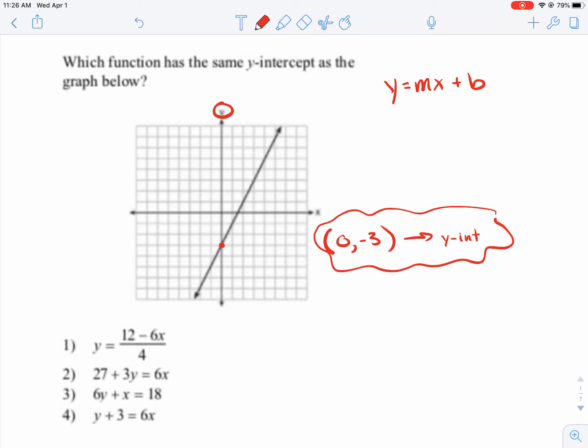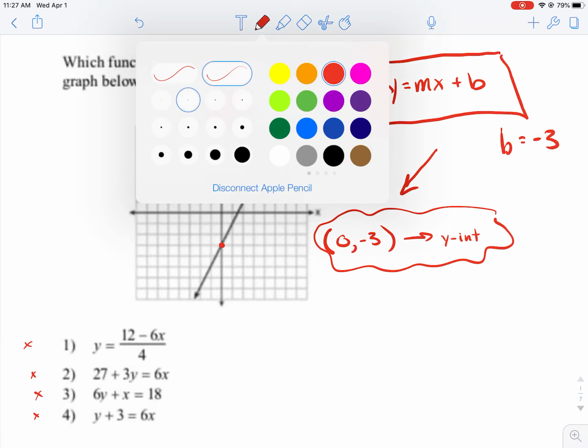we were just talking about this form in the last problem, y equals mx plus b. So our goal in this problem is to take all 4 of these and put them into that form. And once we have them in that form, we'll be able to figure out which one of these has the same y-intercept here.